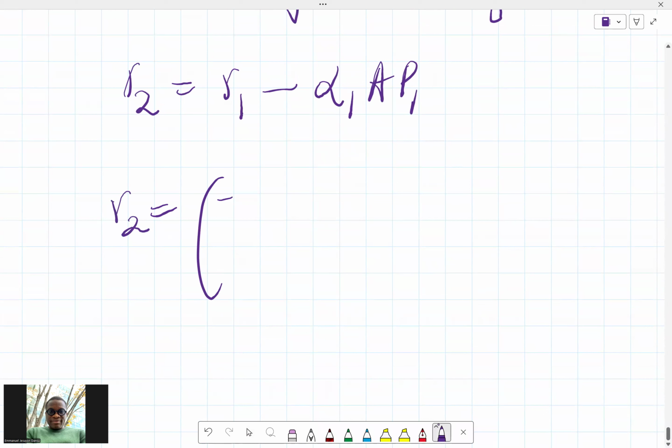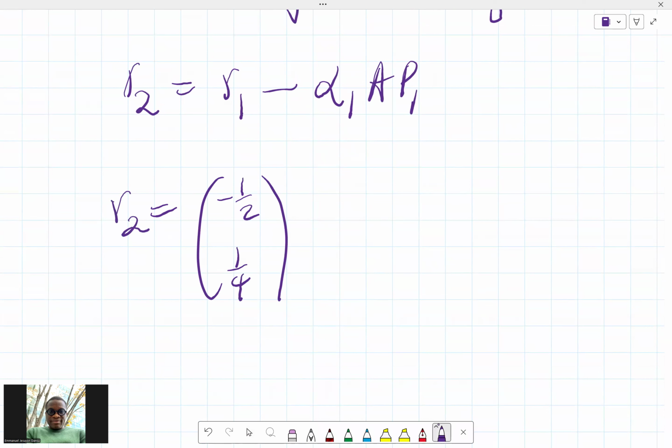Where's R1 again? R1 is minus half, minus 1 over 4. Great. Then we need alpha 1, which I think we have found just now.